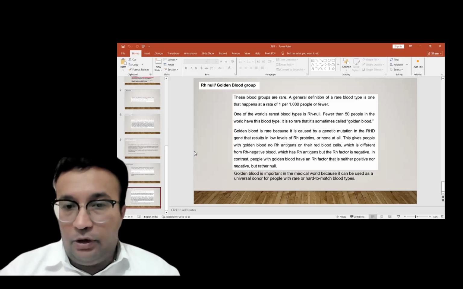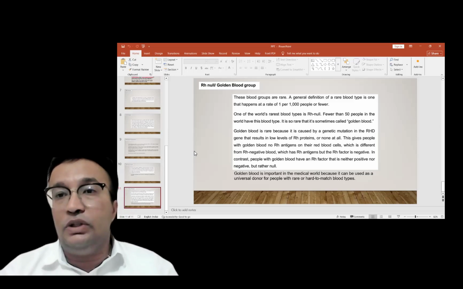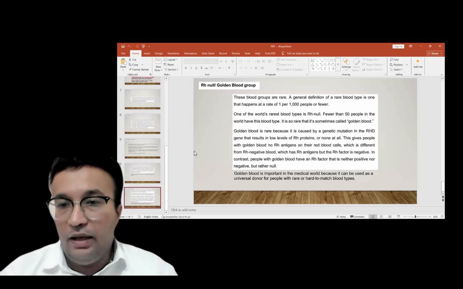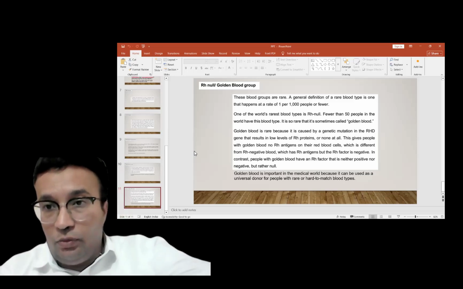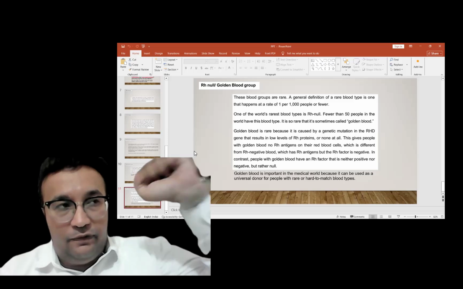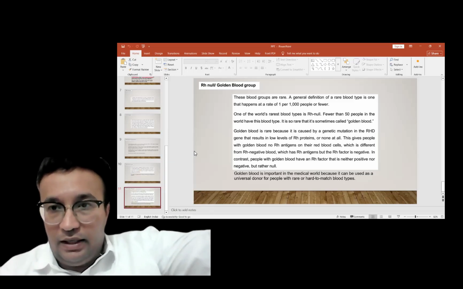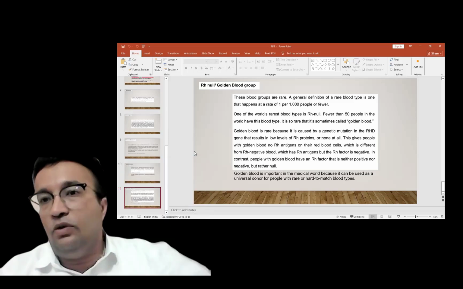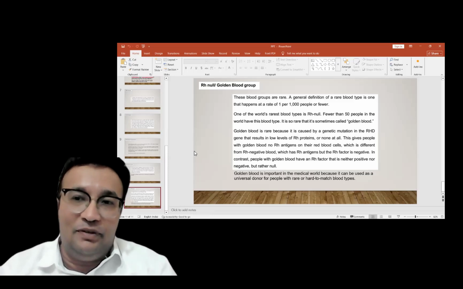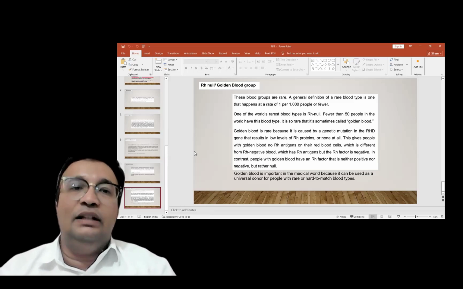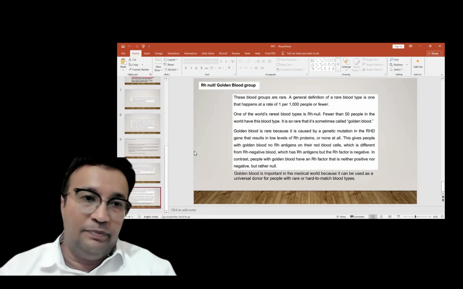So, of course, this is important in the medical world, and this can be used as a universal donor for rare blood groups. If a person having a rare blood group is in need of blood transfusion, then this golden blood group can be utilized. But then only 50 people in the world have this blood group. So that's also a fact.